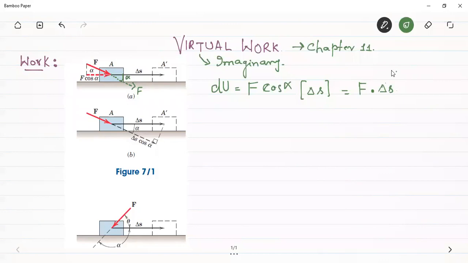Therefore, the work done by this force will be F delta S cos alpha, because this cos component is acting in the direction of the displacement.